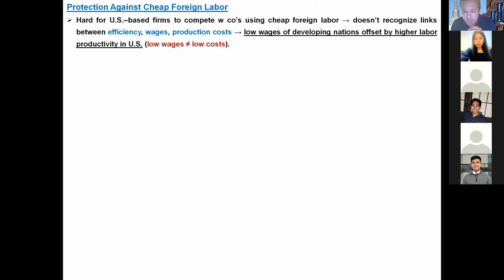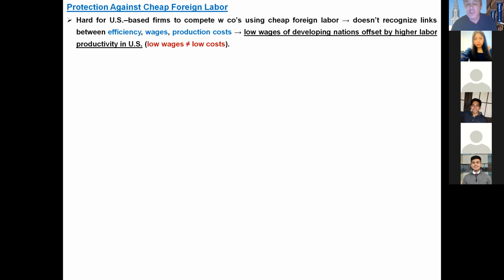How do I possibly compete against that? The problem with that, though, is that it doesn't recognize the links between imports and exports and the links between efficiency and production and wages. Just because a country has very low wages doesn't mean that the country is necessarily very efficient. So low wages don't necessarily equal low costs, right?